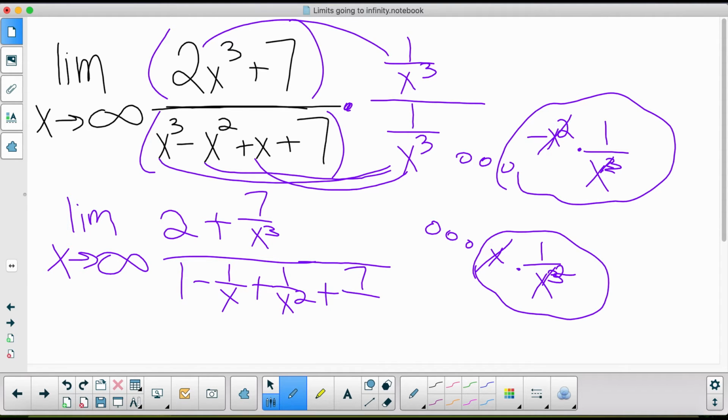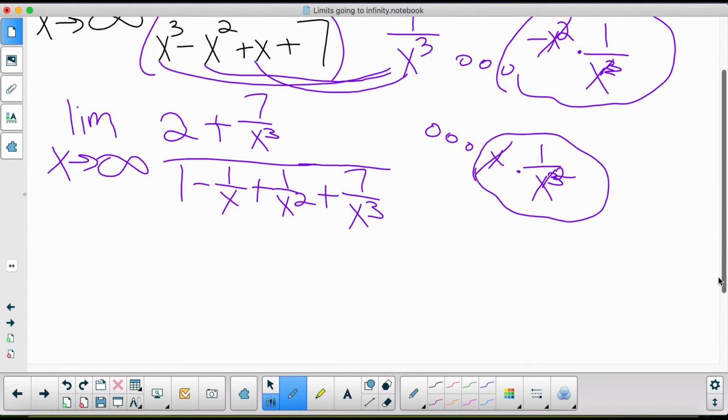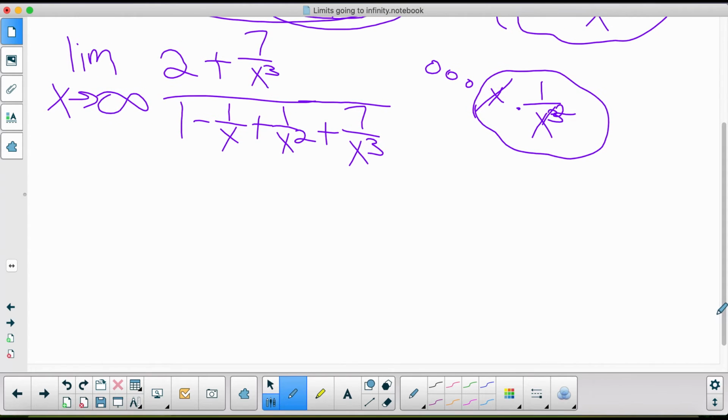Plus 7 over x cubed, multiplying that last portion there. Now let's see what happens when we plug in our x is infinity.